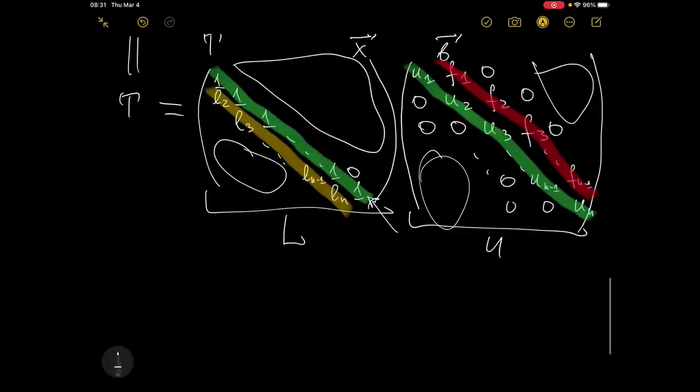Okay, so if we multiply these, we will get matrices which are full of zeros, right?